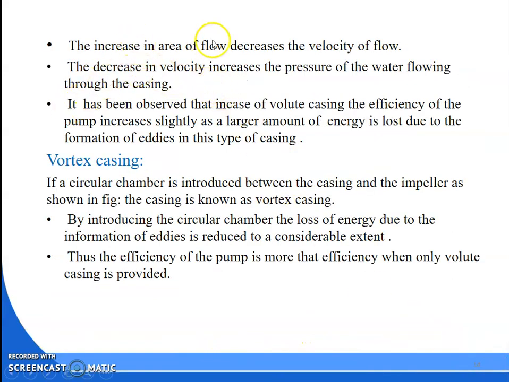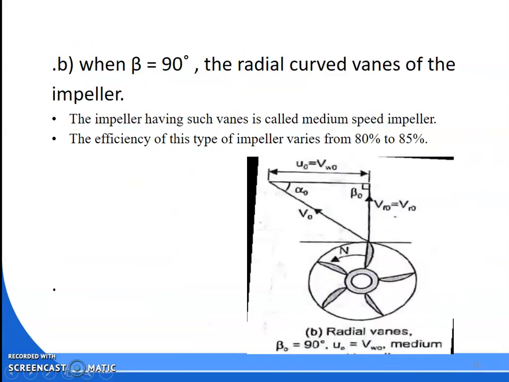Okay, the increase in area of the flow decreases the velocity of the flow, and the decrease in velocity increases the pressure of the water flowing through the casing. It has been observed that in case of volute casing, the efficiency of the pump increases only slightly, as a larger amount of energy is lost due to formation of eddies in this type of casing. So you can see the volute casing here also.